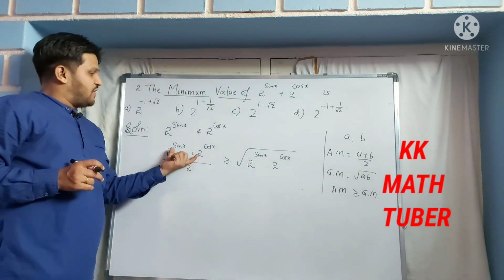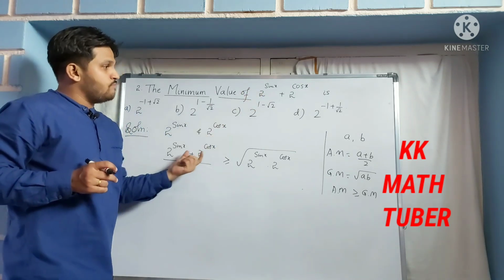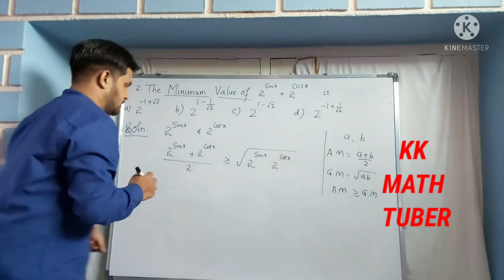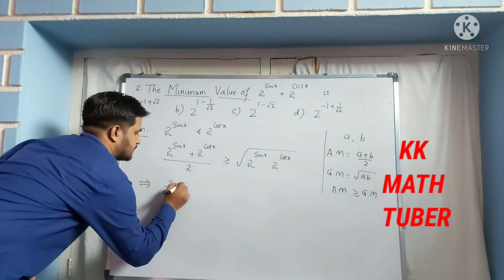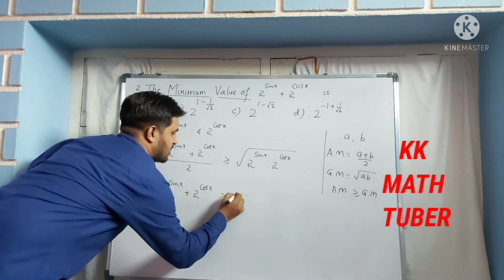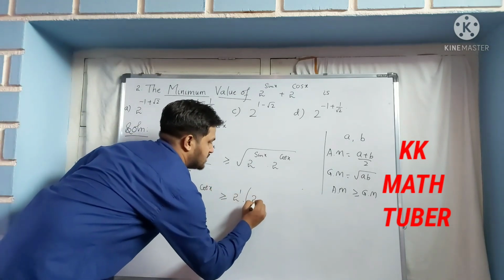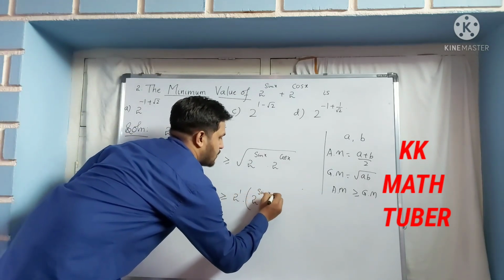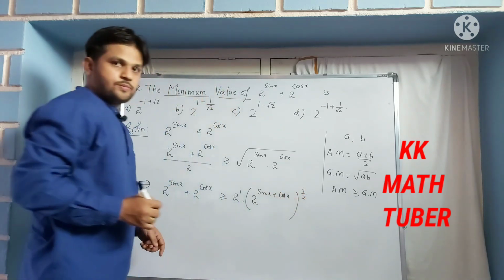Now let us simplify this, because you look at here, I got this term. That is why I need to use this concept. So this implies 2 power sin x plus 2 power cos x is greater than or equal to 2 power 1 into, I will write it as (2 power sin x plus cos x) whole power 1 by 2.